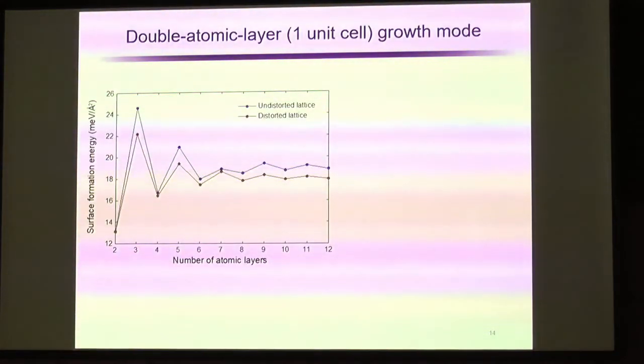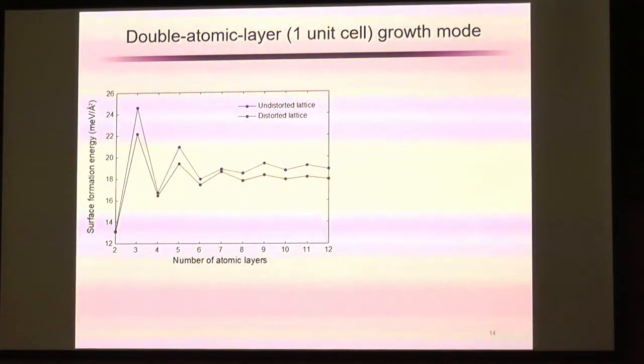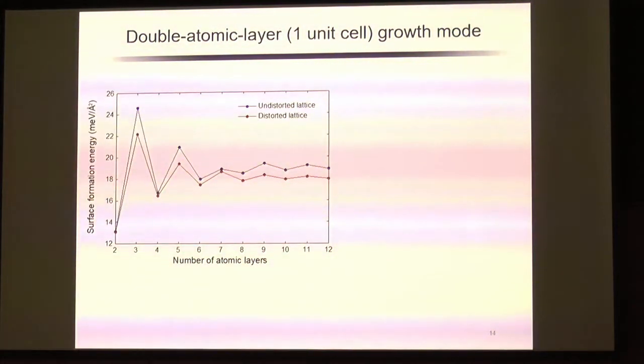Why does it have a double atomic layer growth mode? Our DFT calculation shows that an even number of atomic layers has a much lower surface formation energy. You can see here that all these even-numbered layers have lower energies.